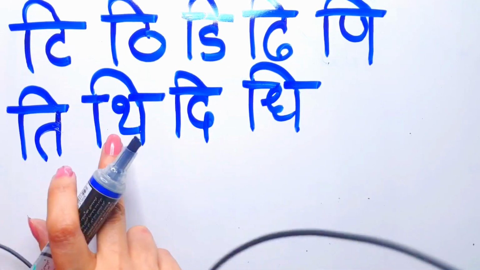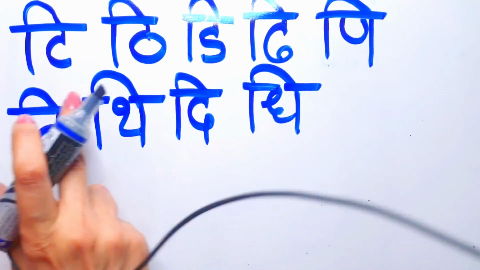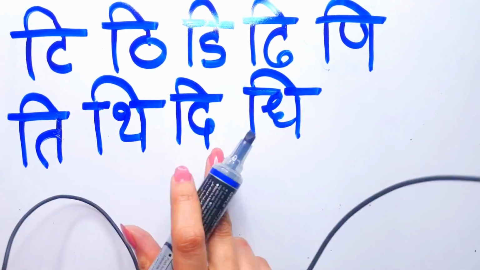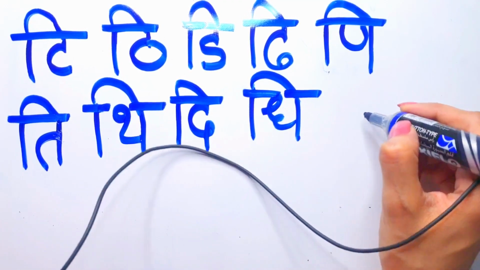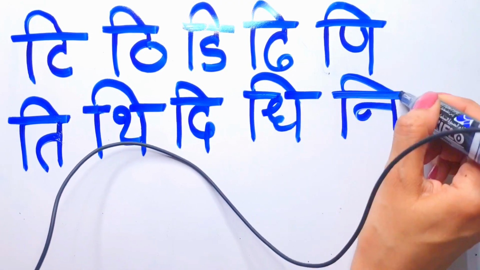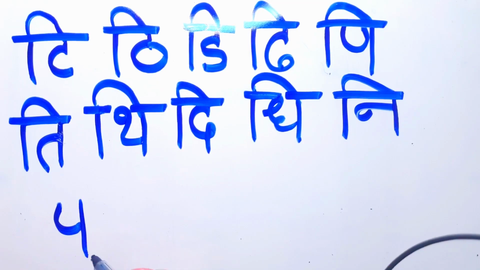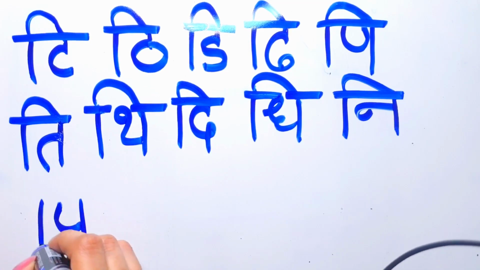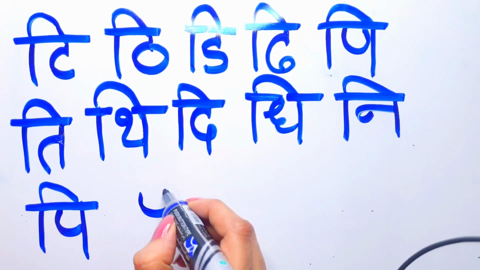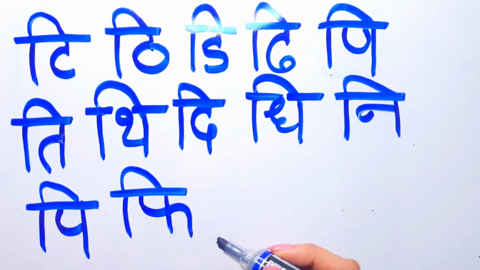When we write letters like tha and dha, we generally break this horizontal line a bit over the circle. So ta, tha, da, dha, and then we have na. So then this becomes ni. Then we have pa. This becomes pi. Pa, pi.